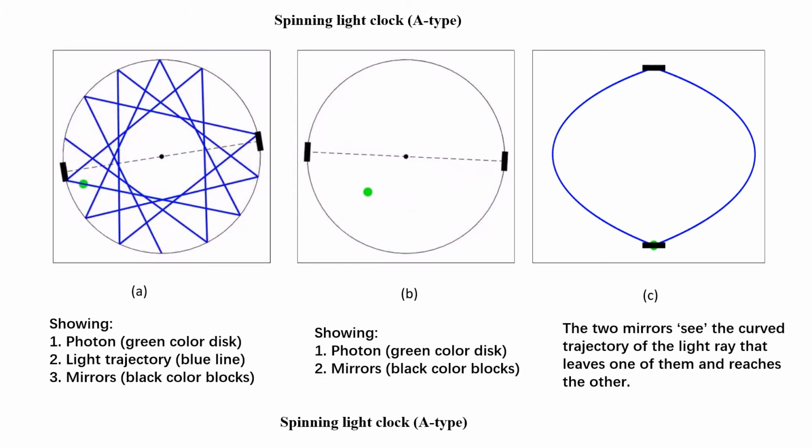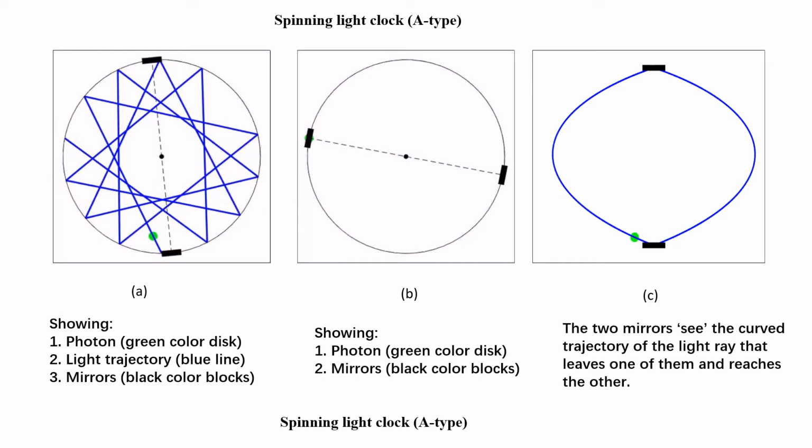In video B, it shows the photon and the two mirrors, but it does not show the light trajectory marked by the blue line shown in video A. In video C, it shows the two mirrors see the curved trajectory of a light ray that leaves one of the mirrors and reaches the other.